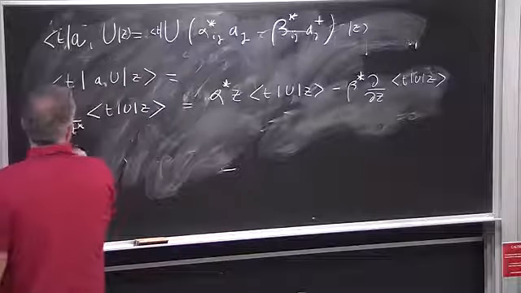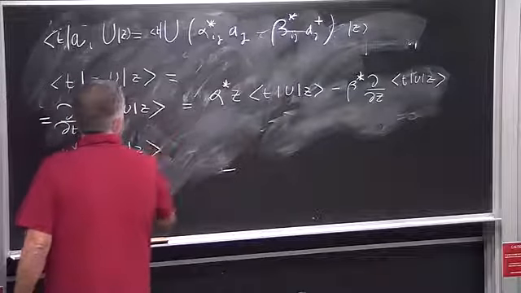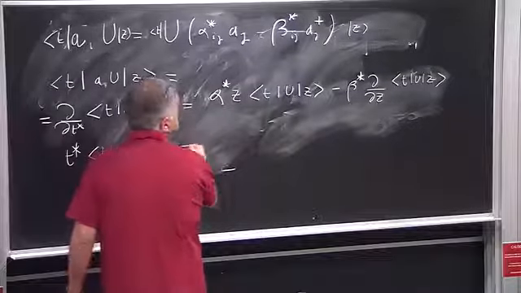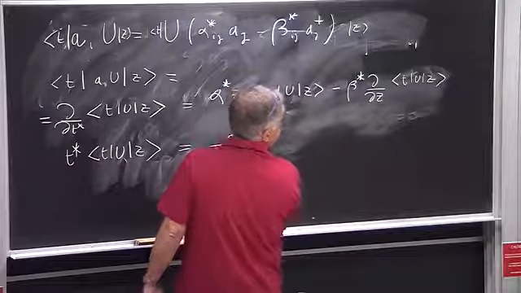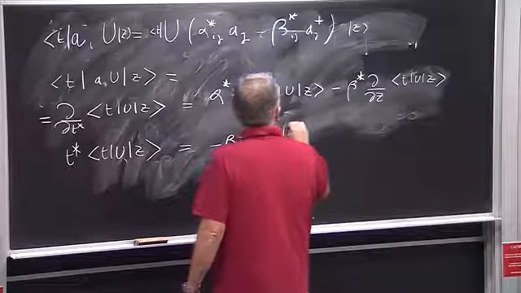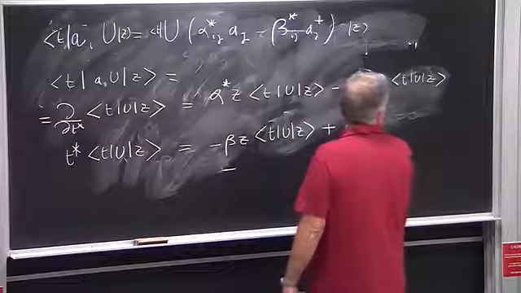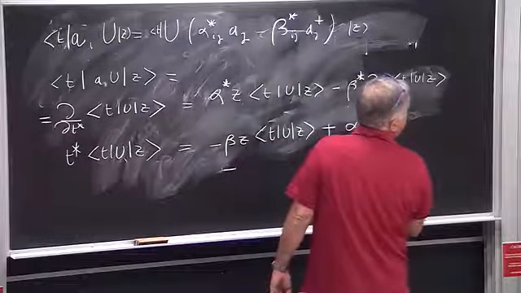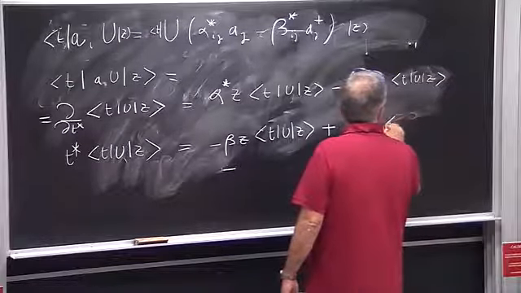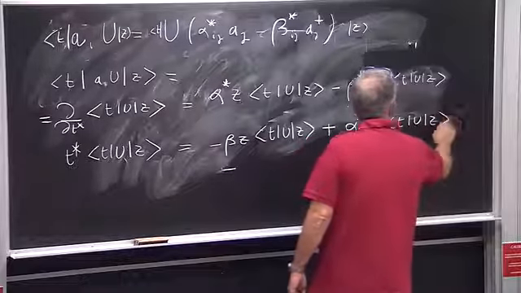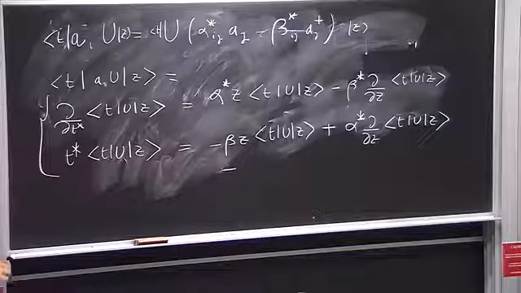This is T star T u Z equals minus beta Z T u Z plus alpha star d over dz T u Z. So we have to solve these two differential equations together.